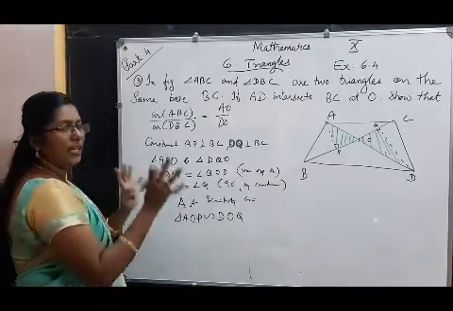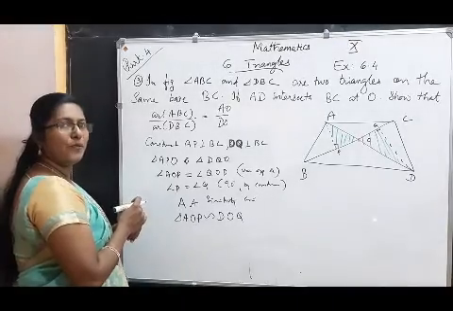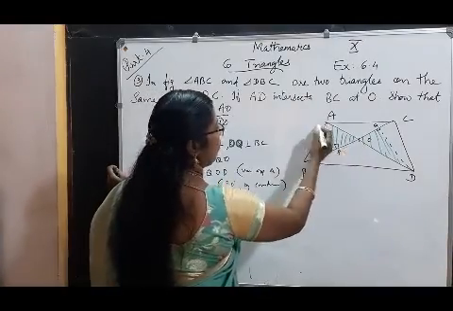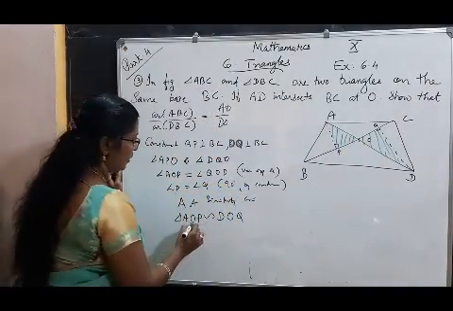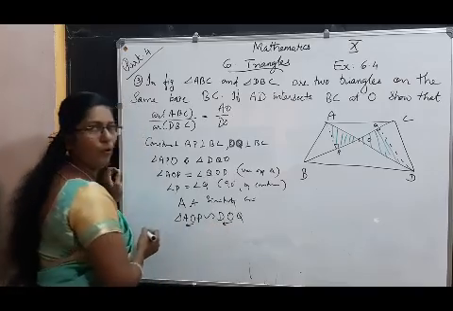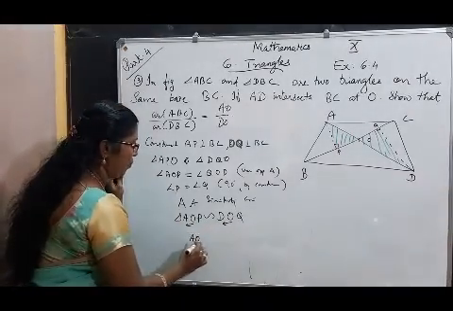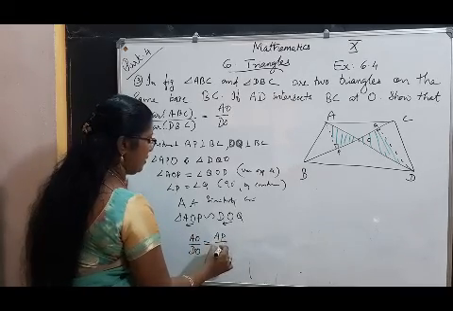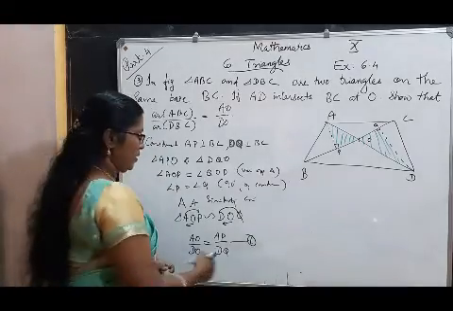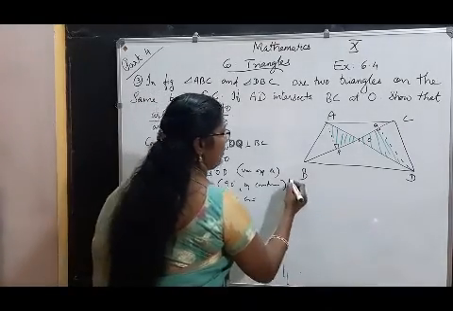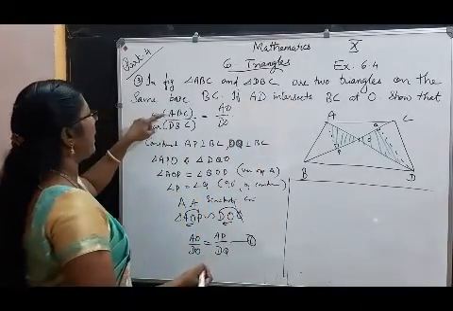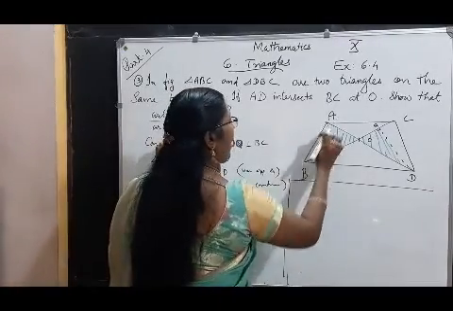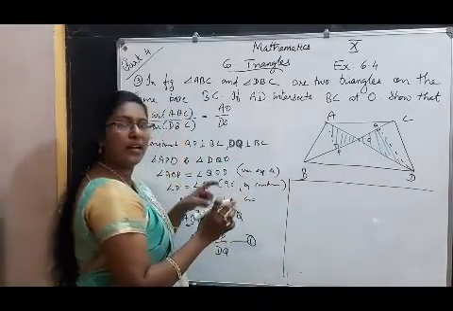Then what about its corresponding parts? Corresponding parts are proportional. So we can write AO by DO equals AP by DQ. This is equation number 1. Then here we want to prove area of ABC by area of DBC. How do you find the area of a triangle?